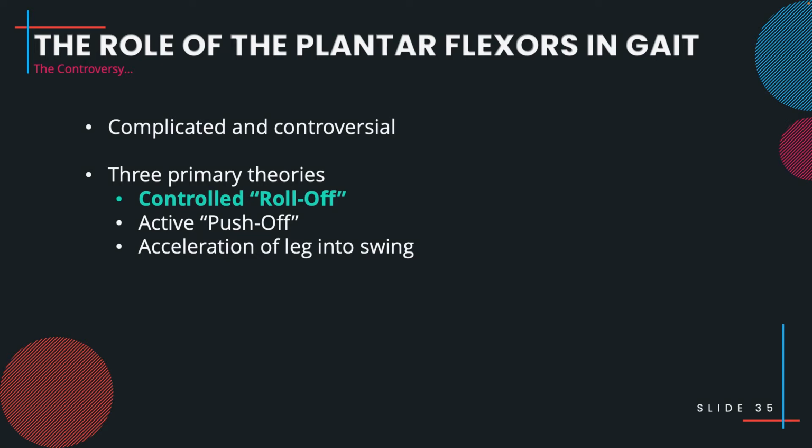And then once we reach a critical moment where we're transitioning into pre-swing, the ankle rapidly plantar flexes, and then the EMG goes silent for the gastrocsoleus complex. So that would seem to suggest that a controlled roll-off, where force is stored in eccentric contraction in the plantar flexors and then released to create our toe rocker, is the most viable theory.